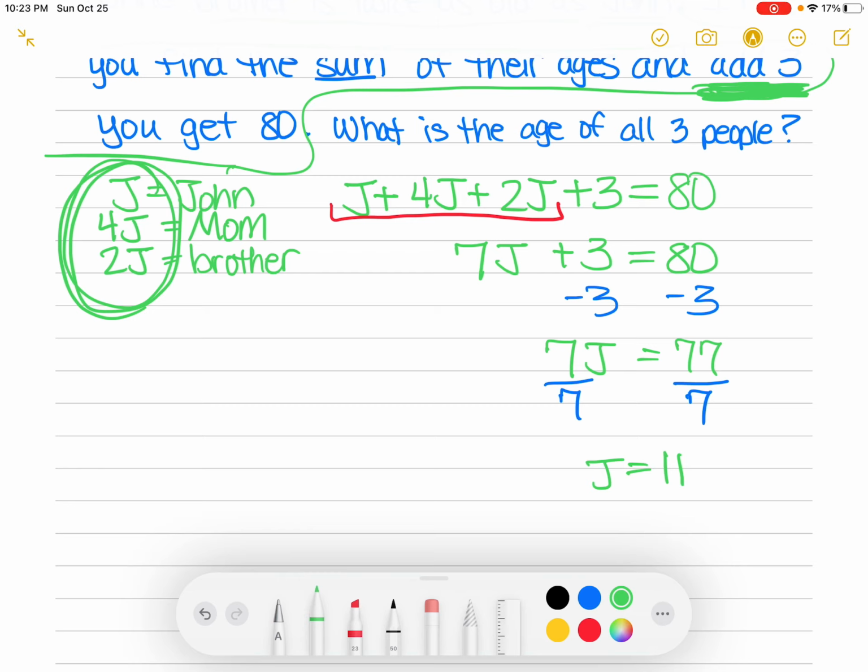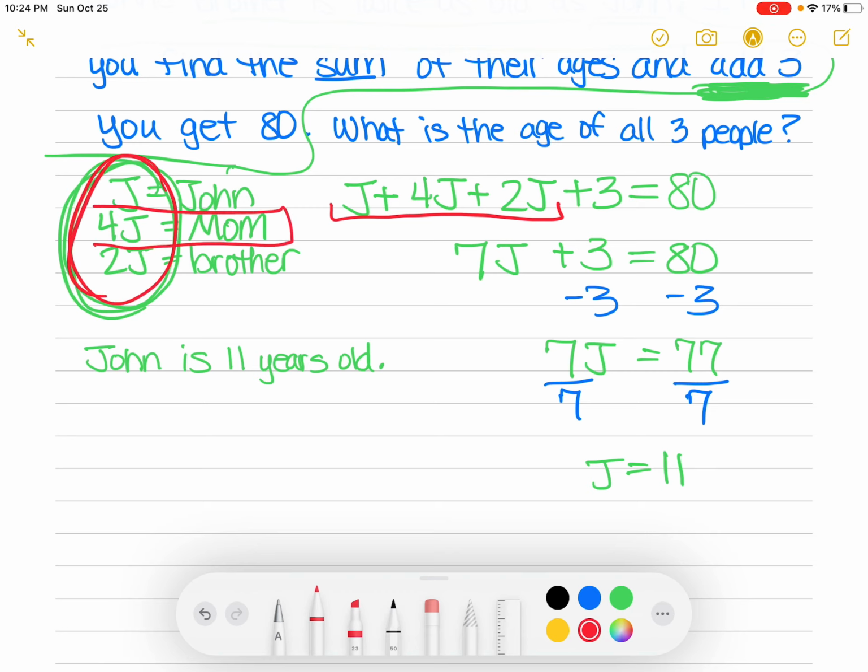But I'm not finished with the problem. This actually told me to do all 3 ages. So I know John. John is 11 years old. Okay, so now I'm going to look up here and figure out the other ones.